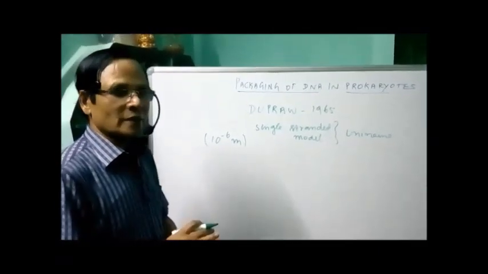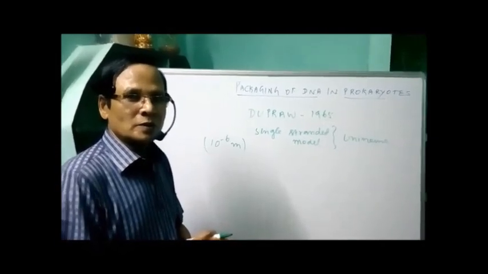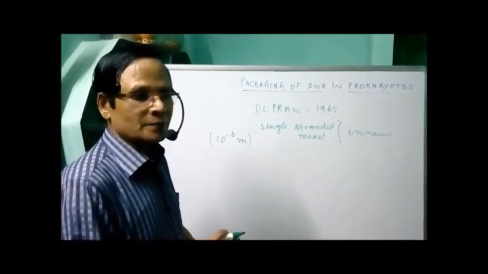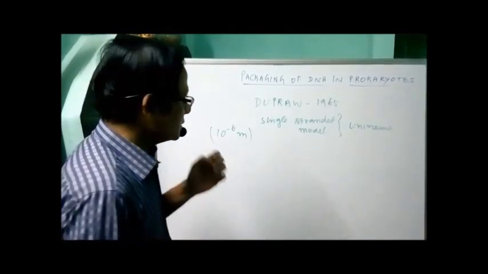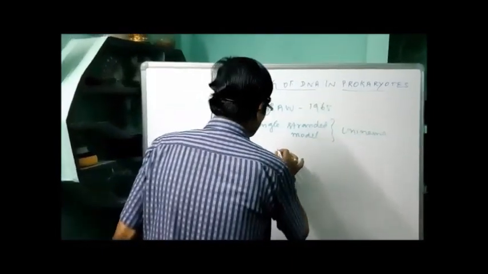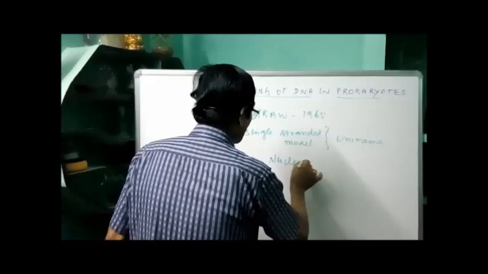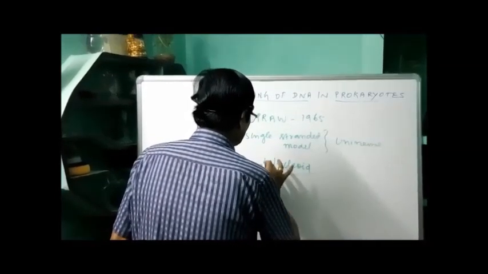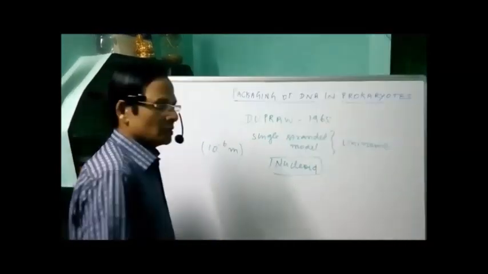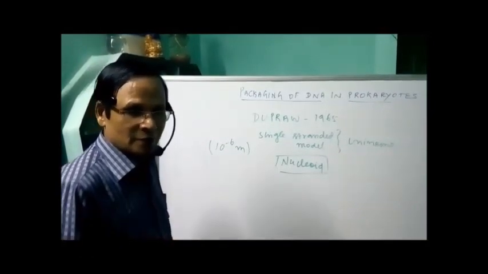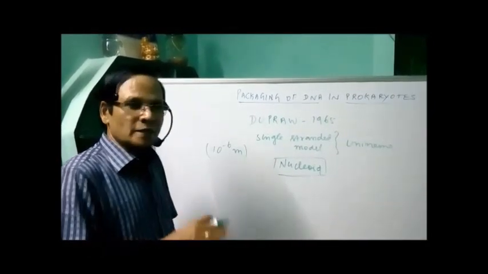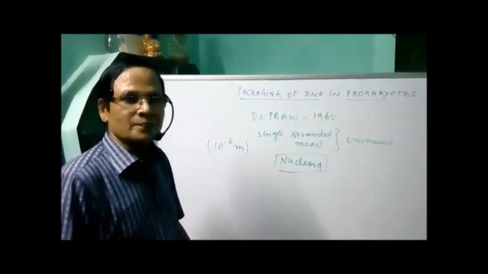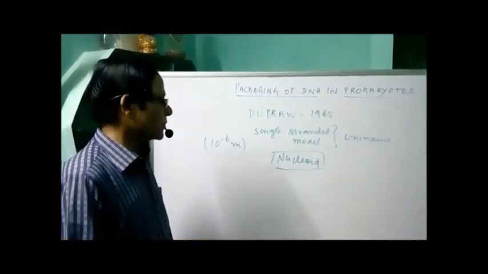Now in the case of prokaryotes, though a definite nucleus is absent, in bacteria the nuclear region is called the nucleoid. There is no definite nucleus, but the DNA is not scattered in the cytoplasm.